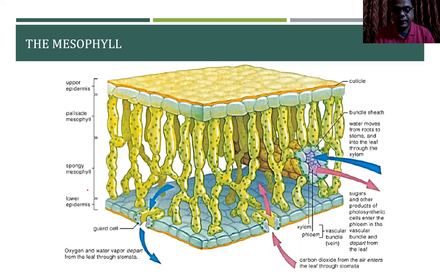The spongy mesophyll, which is usually located at the lower part, or the abaxial portion of the leaf, is made of the spongy parenchyma. These are usually irregular in shape and abundant in airspace between them, to allow for more efficient air exchange from the cells.